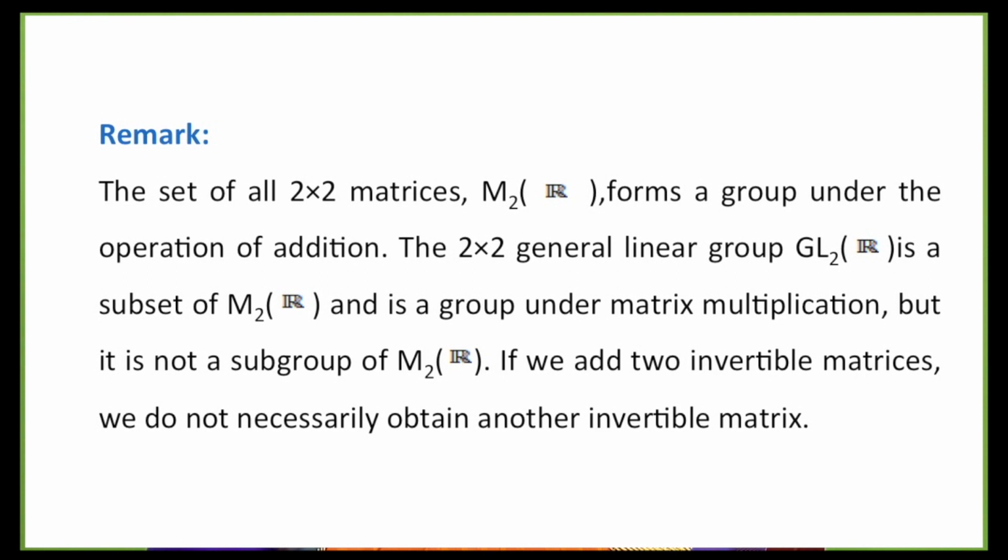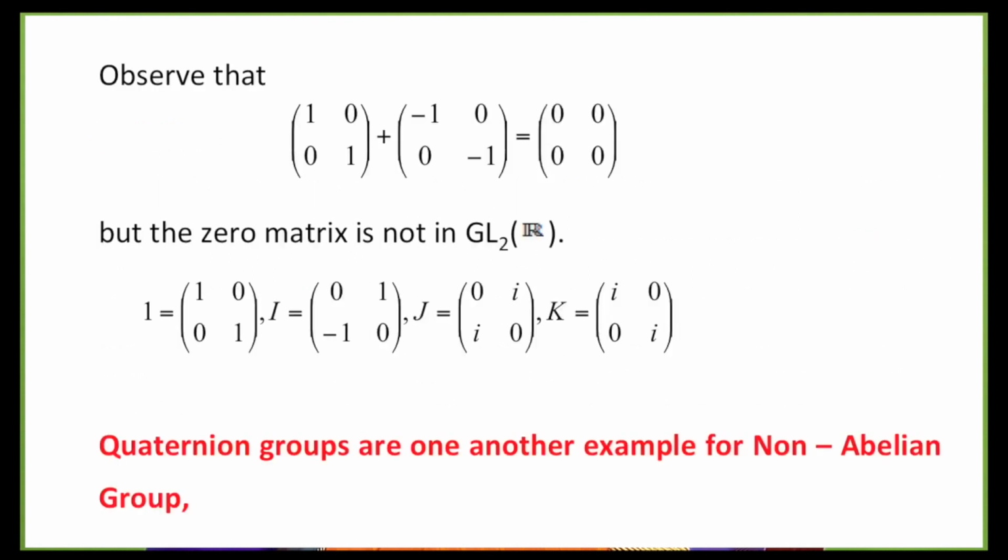If we add 2 invertible matrices, we do not necessarily obtain another invertible matrix. Observe that the matrix (1, 0; 0, 1) plus the matrix (minus 1, 0; 0, minus 1) equals the matrix (0, 0; 0, 0). But the zero matrix is not in GL2R.